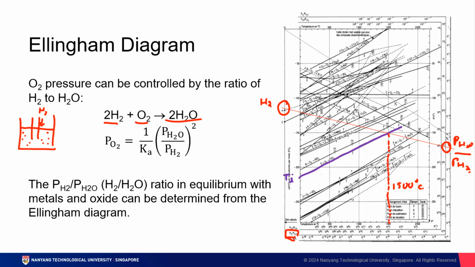So likewise, other than just pressure, we can control the O2 pressure by controlling the ratio of H2 to H2O, and we can also determine that from the Ellingham diagram.